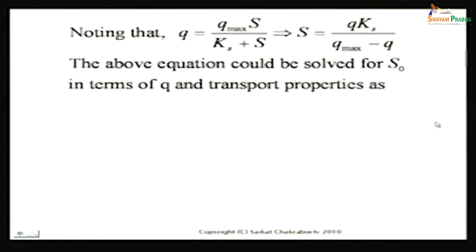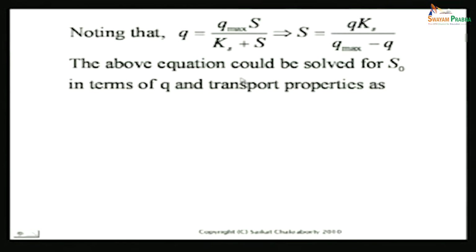So what we do here is express S as a function of Q. Why do we do that? I'll come to that.